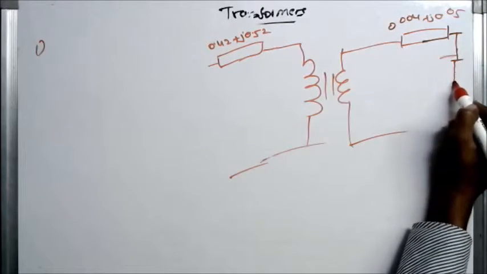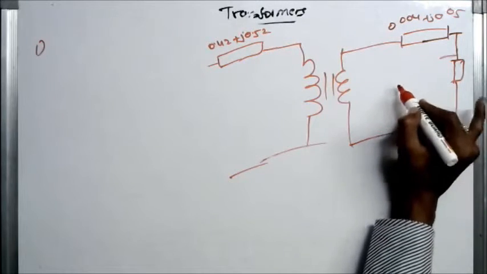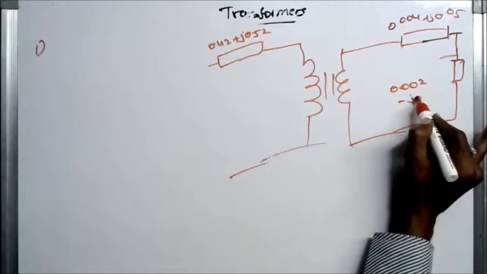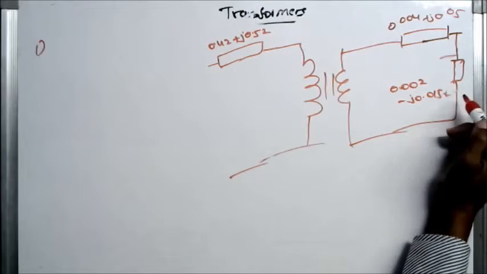This branch parameter, I will take this way. He has given 0.002 minus j into 0.015 mhos. Not ohms.